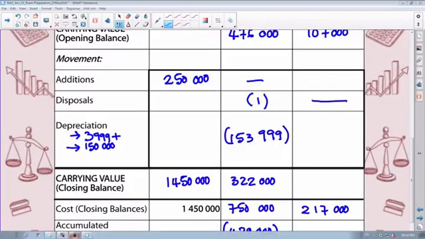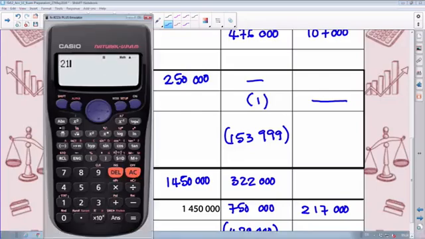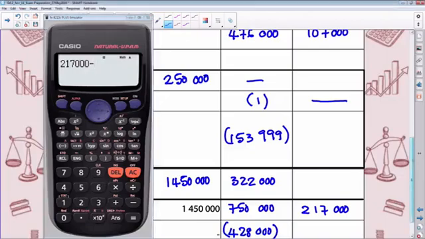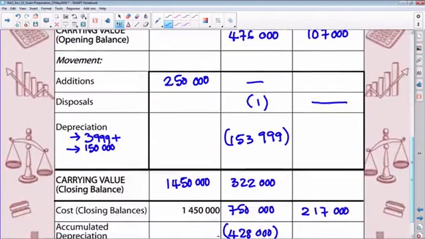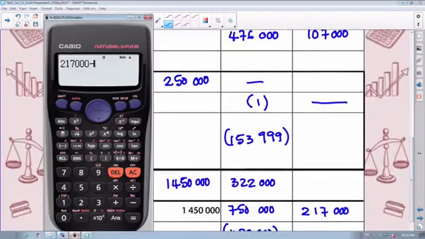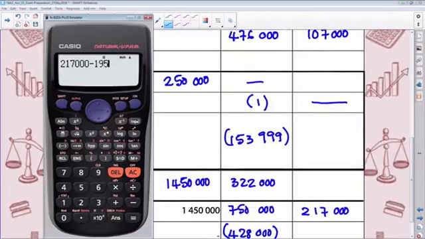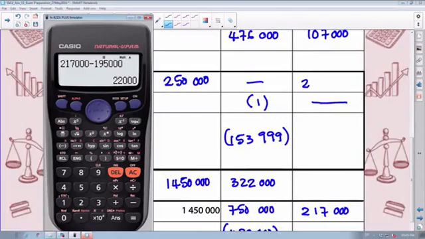Okay, take my calculator and I say 217,000 minus my opening balance of equipment, which was 195,000, will give me a value of 22,000 Rand. Clearly you can see that you had purchased new equipment to the value of 22,000 Rand. Okay, now we need our depreciation.